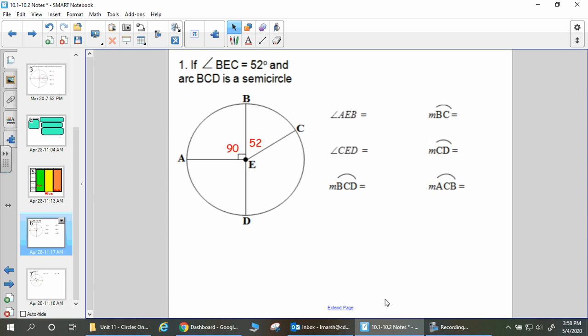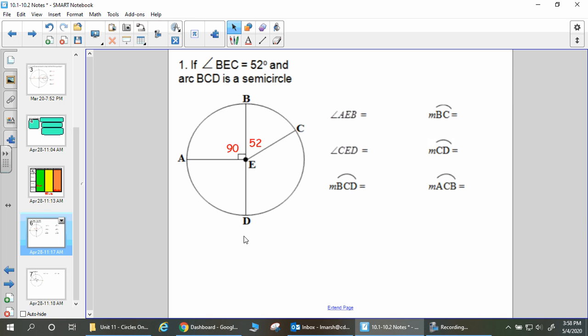My suggestion on questions like this is I'm going to ignore all of those items there on the right-hand side that they want me to answer. I'm going to focus on my picture, because if I can fill in all of the pie pieces in my picture, I can answer any angle or any arc question that they ask me for. So what I notice is this was 90. This is the diameter, right?